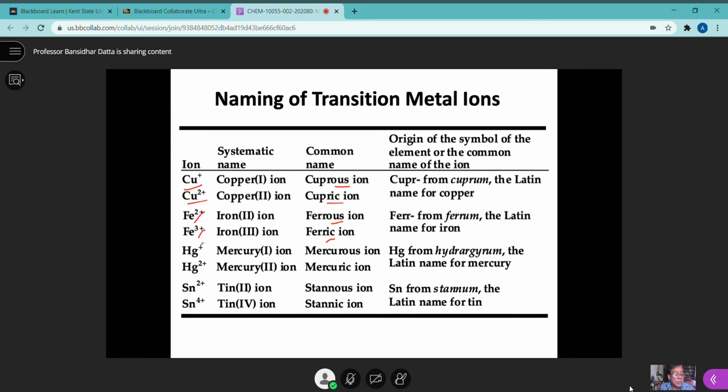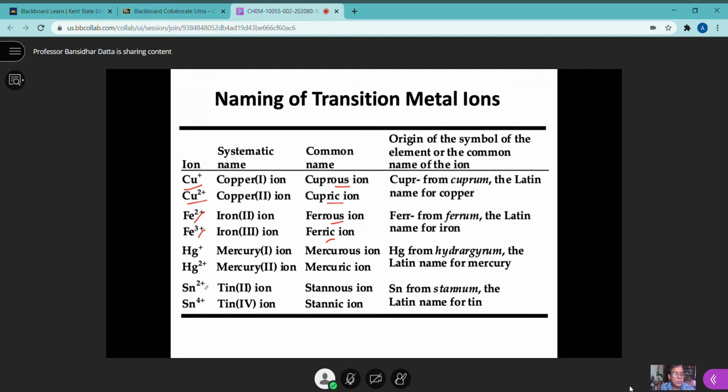For these ions that we have seen, mercury plus and mercury 2+ are not present in our body, but you should know them because mercury is used in thermometers, as an element, not in an ionic state. Mercury can also have Hg+, the mercurous ion, and Hg2+, the mercuric ion.